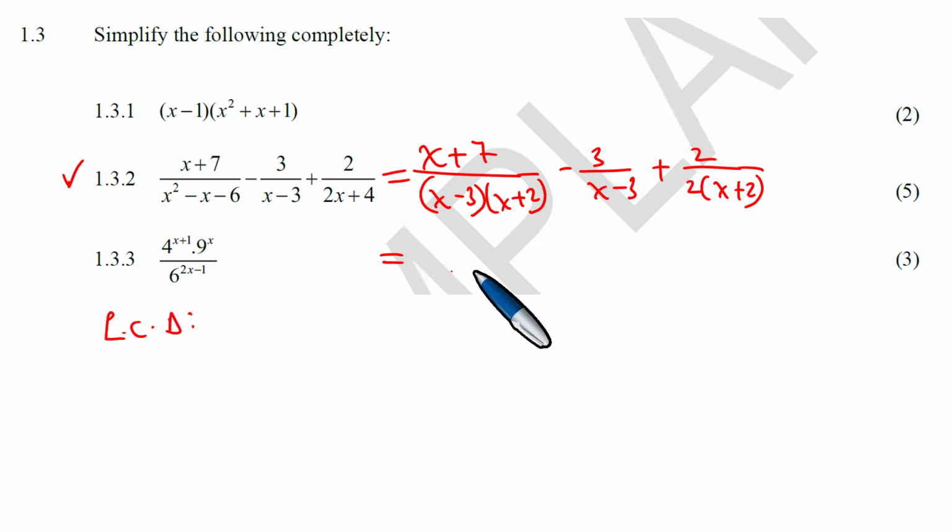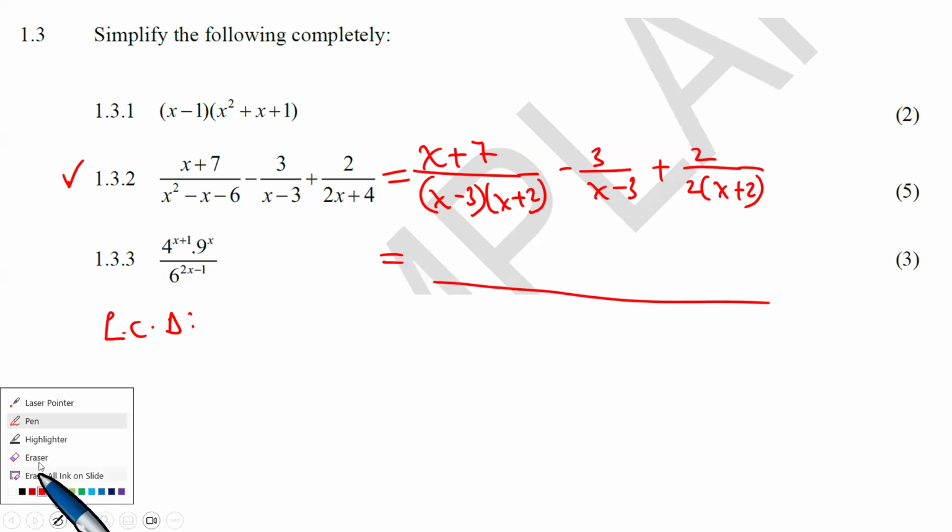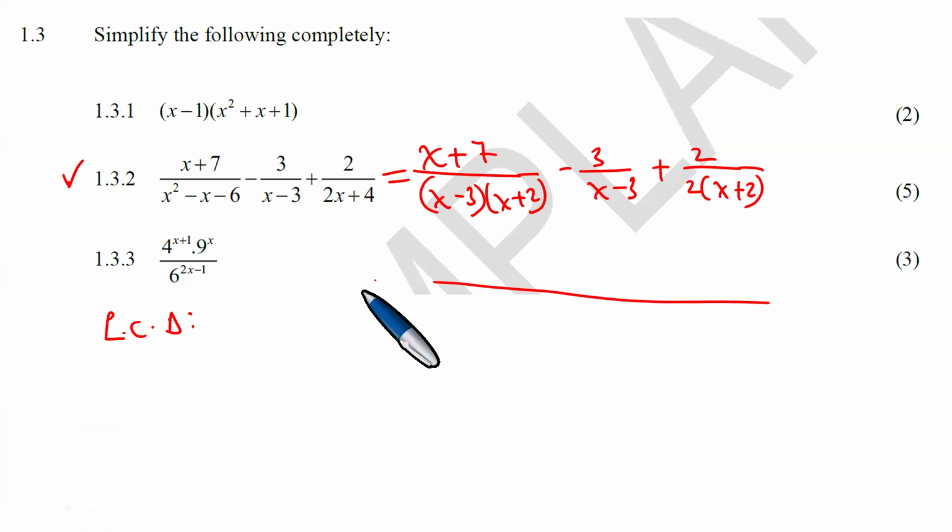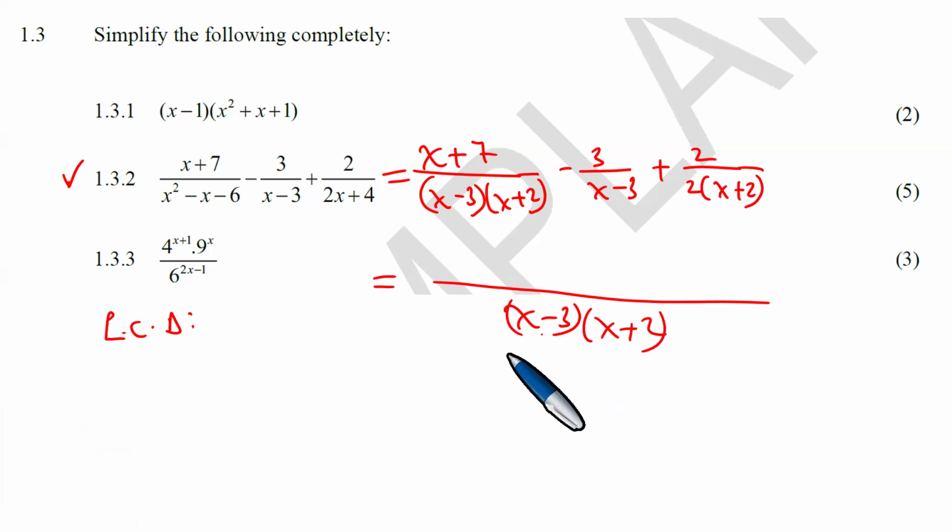What is the lowest common denominator here out of all these? Here, this one is x minus 3, x plus 2. This one is x minus 3. This one is x plus 2. But we need to put 2 here.